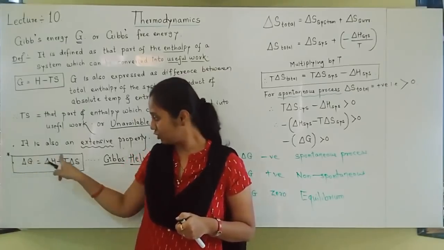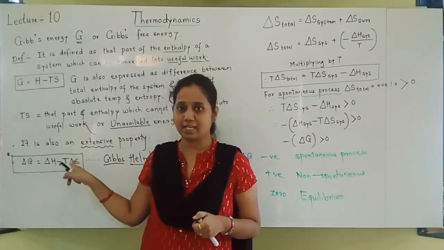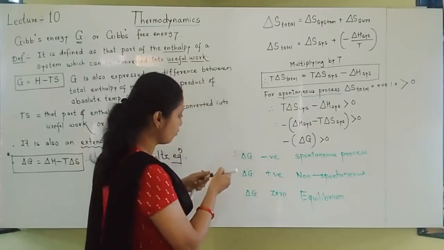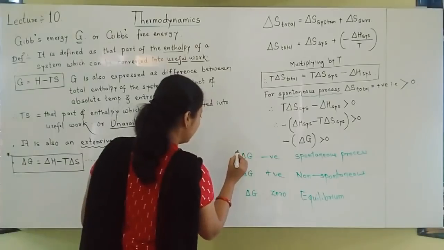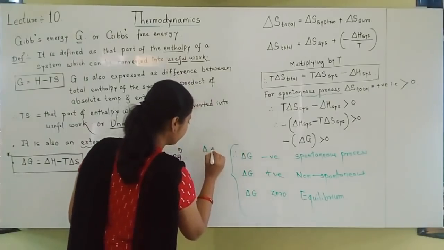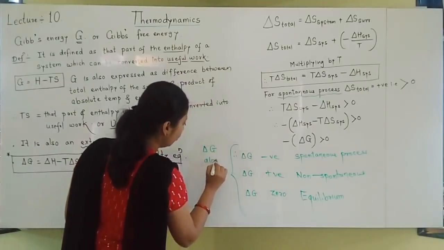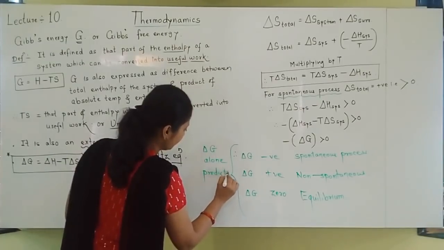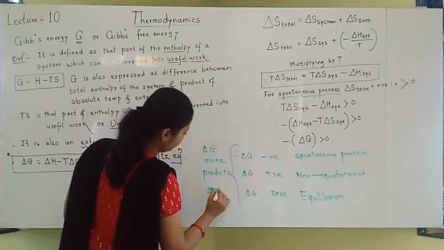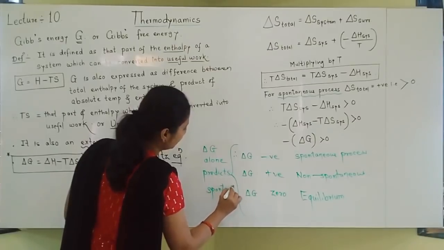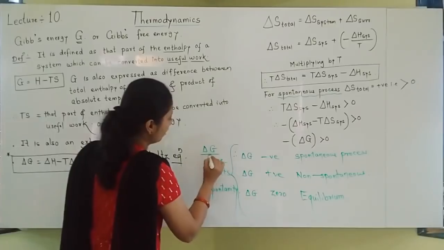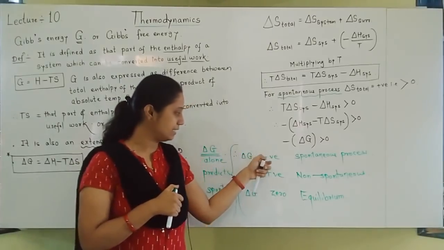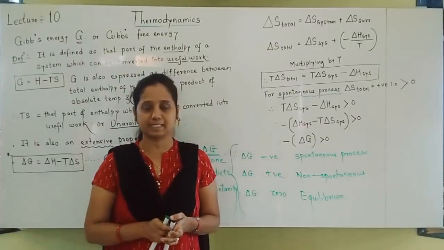Understood? Because its equation already includes delta S. So what is my conclusion? Delta G alone predicts spontaneity. So now onwards, delta G should be used for prediction of spontaneity. Delta G negative is spontaneous.